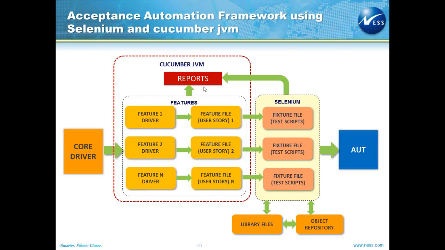The reports are generated by Cucumber JVM, and this particular framework is hooked to continuous integration, so that whenever builds get deployed onto the test environment through continuous integration, it will automatically start your smoke test.